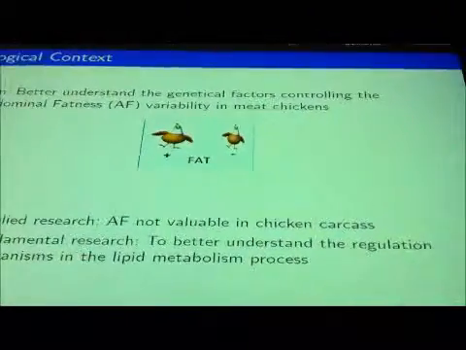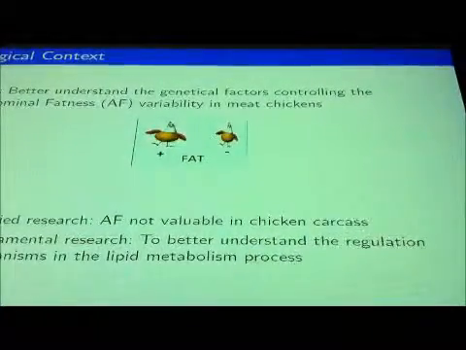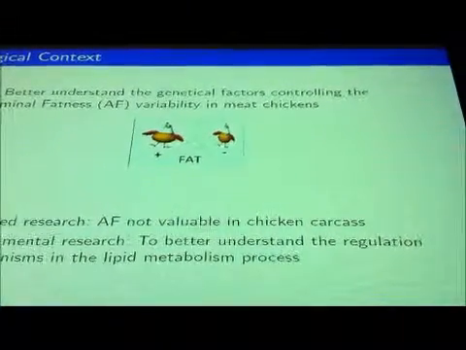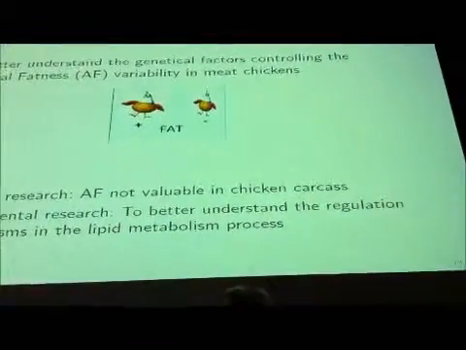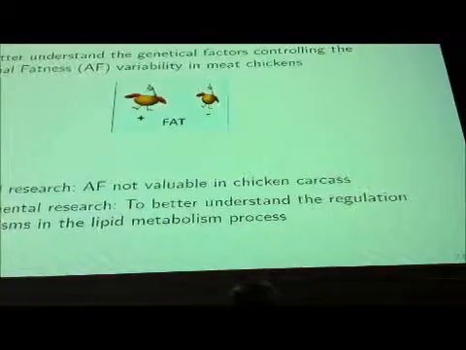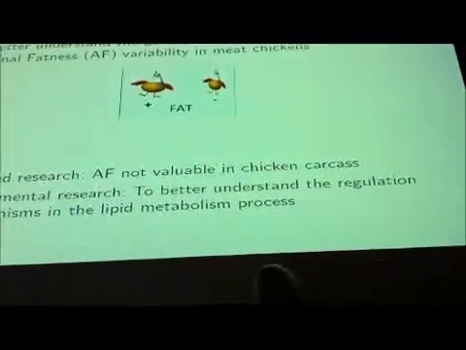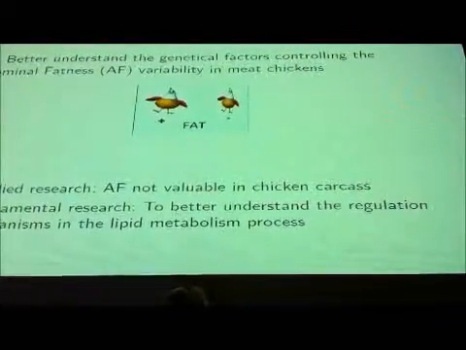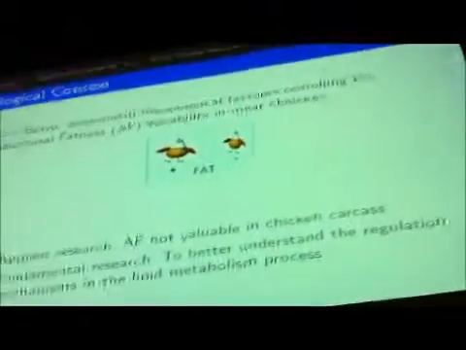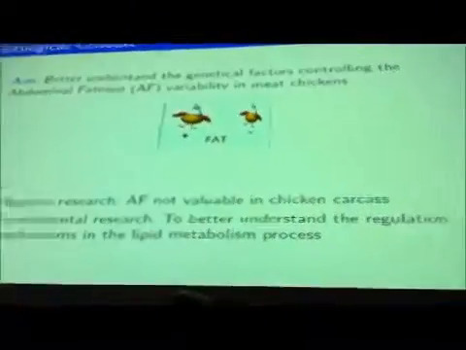That's a really important goal in the genetical lab at Agro Campus, my university, because it's an economic trait, really important. The abdominal fatness is not valuable in the chicken carcass, so we want to decrease the amount of it. And also, from a fundamental point of view, it's to better understand the regulation mechanism in the lipid metabolism process.